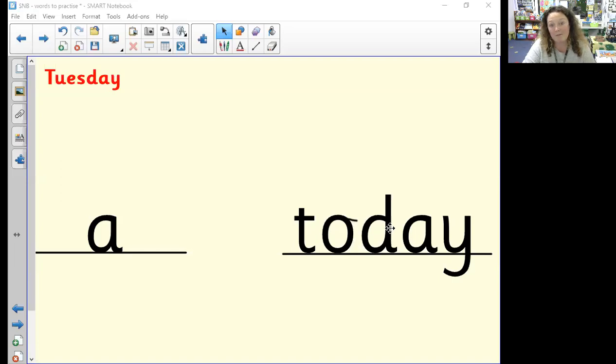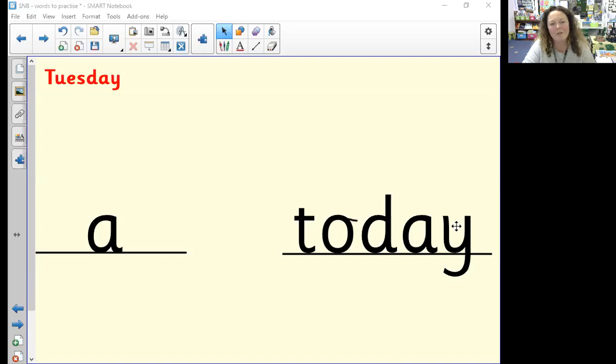Now if we look carefully at the letter D, as we go round it looks like a ball shape, but the stick is ever so high, just like the T. So it's a sky-high ascender again. And when we come back down, it sits on the line. Now we know that the A or the A is already there, sitting on the line as a ball shape.